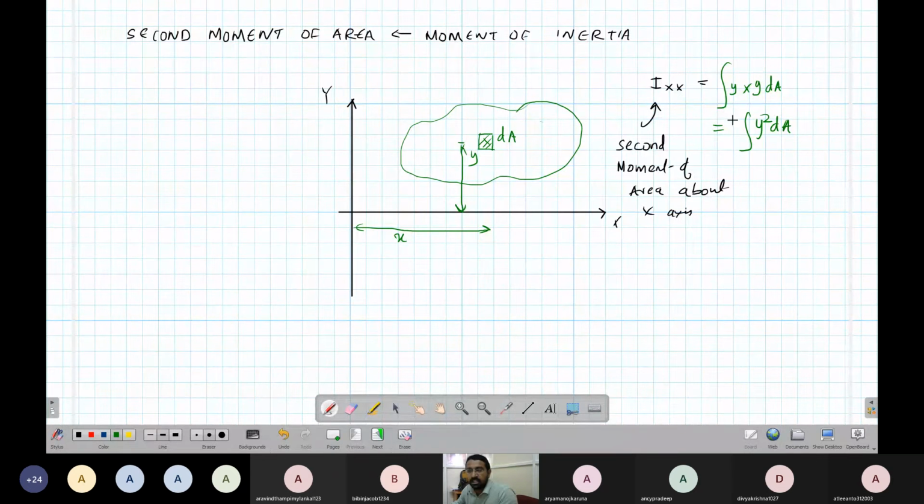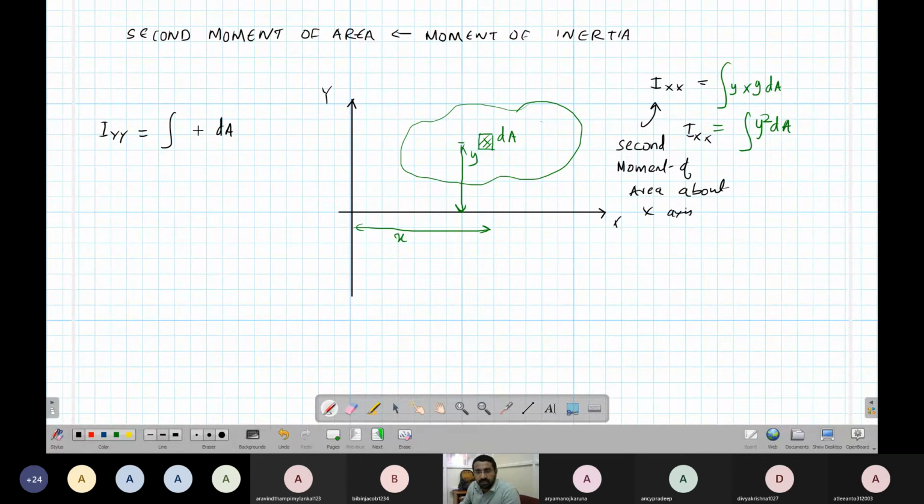I hope this is the definition. First moment of area is generally used to find the centroid. Second moment of area, or moment of inertia, is a very important quantity in an engineer's life, so you have to be very careful. This is Ixx. I'll define Iyy also. Iyy equals, my area is still dA.